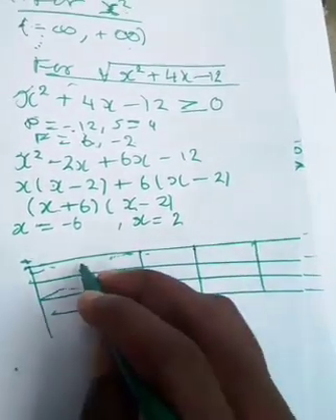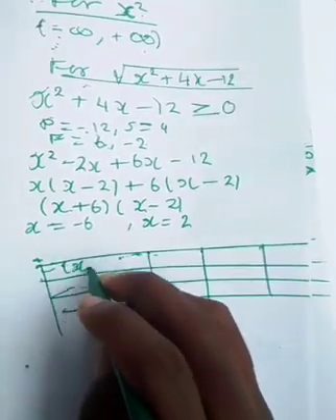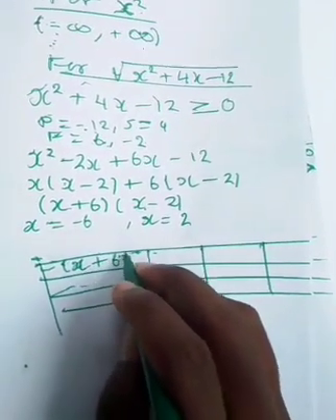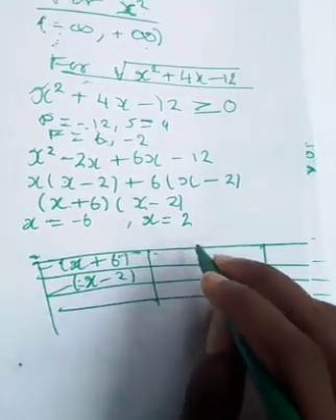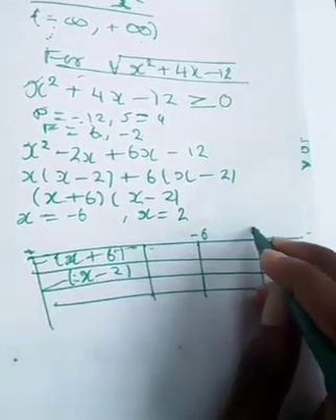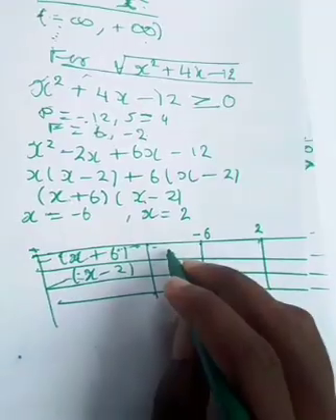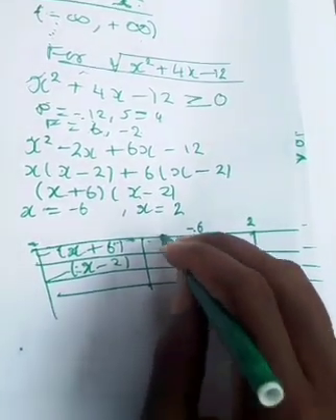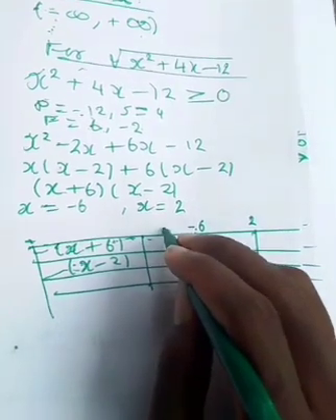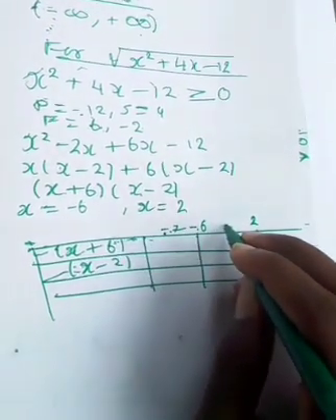So I'll write x plus 6, x minus 2. So here I'll put negative 6, here I'll put 2. So let's assume the values that can be here, let's say negative 7. Here let's put 0, here let's put 5.